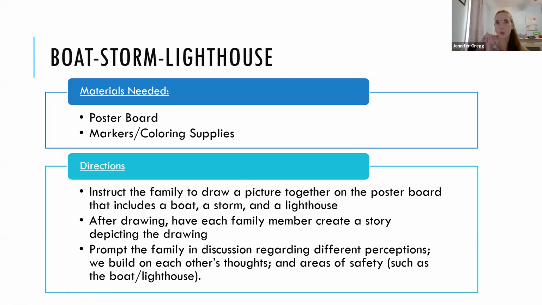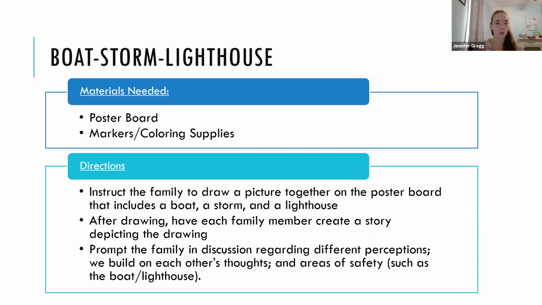This one I will either do at the very beginning stages, depending on where the relationship is with the family, but I'll tend to do it in the middle stages just to see how we seem to be improving in terms of the family cohesiveness.